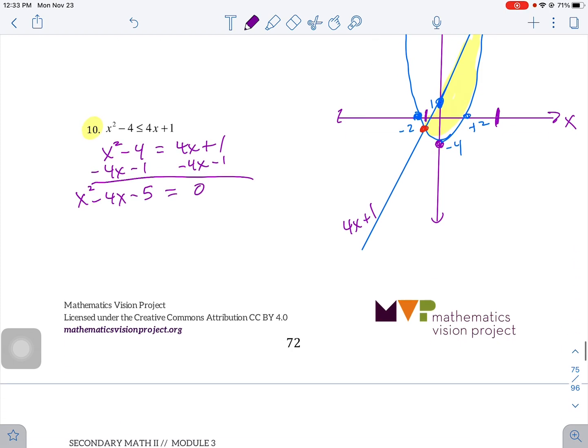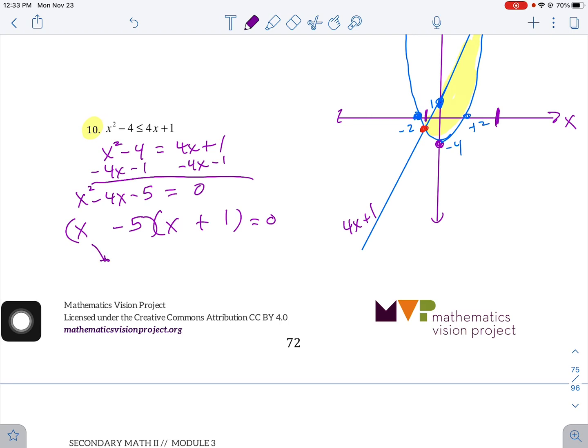Now can we factor that? Negative 5, oh, actually we can. It'll be x and x equal to 0. If we do negative 5 and positive 1, then negative 5 times 1 is negative 5, and negative 5 plus 1 is negative 4.